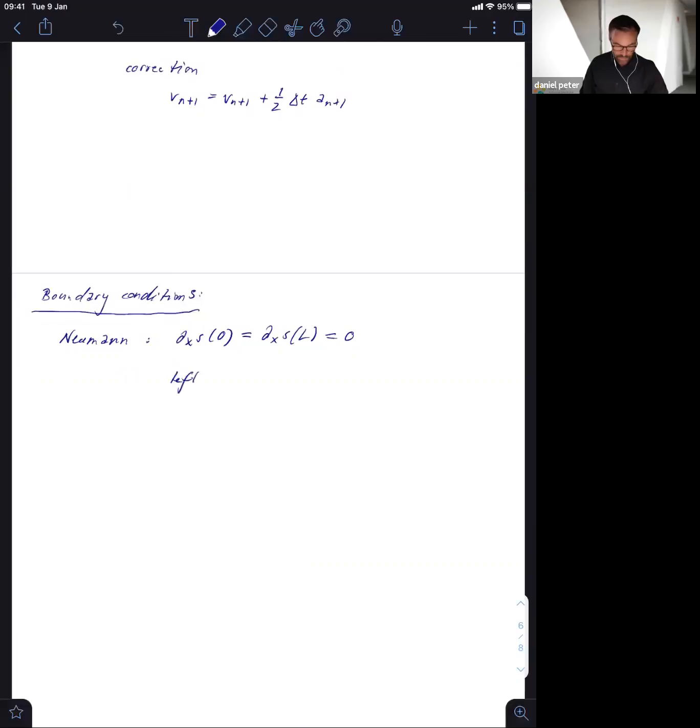So at the left, we have this term here to be 0, which basically means our surface integral for that grid cell, the boundary, can be written in this way.